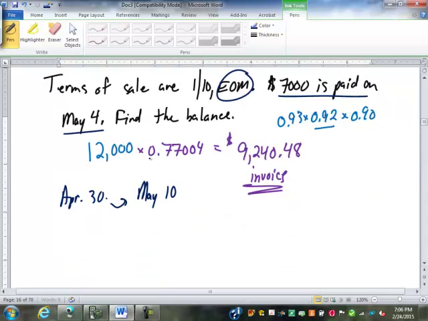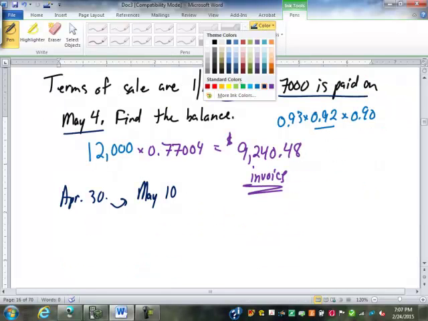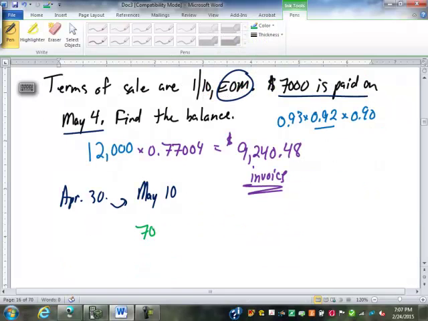So what do we do? Do the $7,070.70 discount, or 71 cents, I should say. Got to round it correctly. Then what?